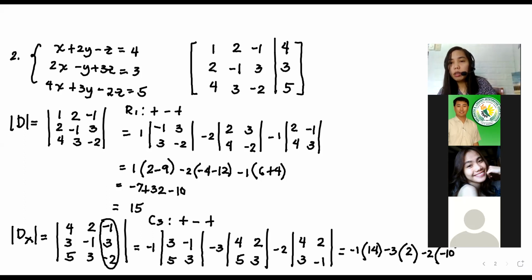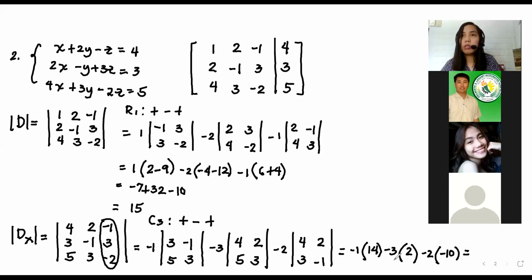It's negative 10. So when we simplify, negative 14 minus 6, negative 20, plus 20, it's 0. So your dx is equal to 0.